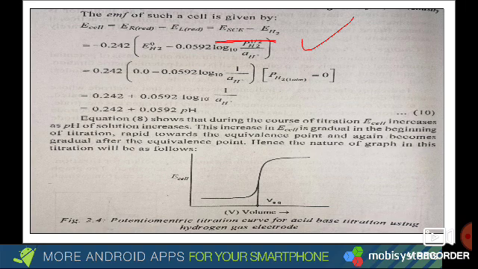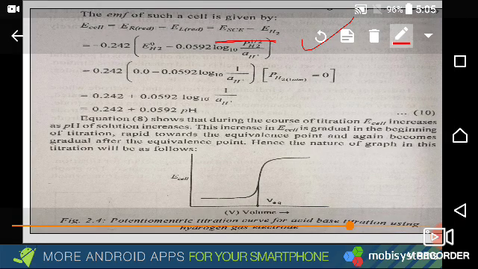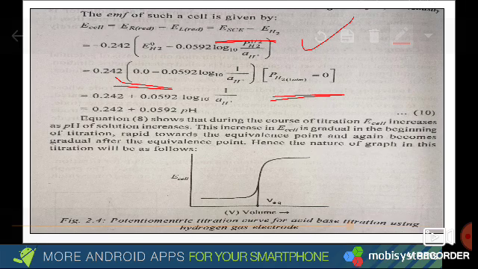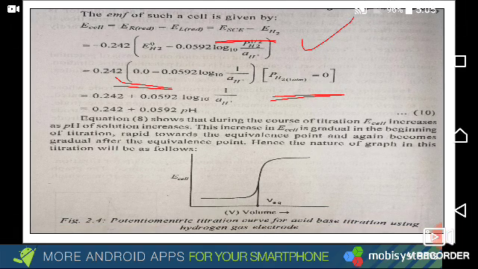Now we will try to solve this, that is 0.242. Now, what is the hydrogen ion concentration? 0, minus 0.0592 log to the base 10 of 1 upon A H plus. And why is this taken as 0? Just now we have seen how this value came as 0, because it is in a gaseous state. If it is a metal ion then it will show you some value, but as it is in gaseous form its value is 0.